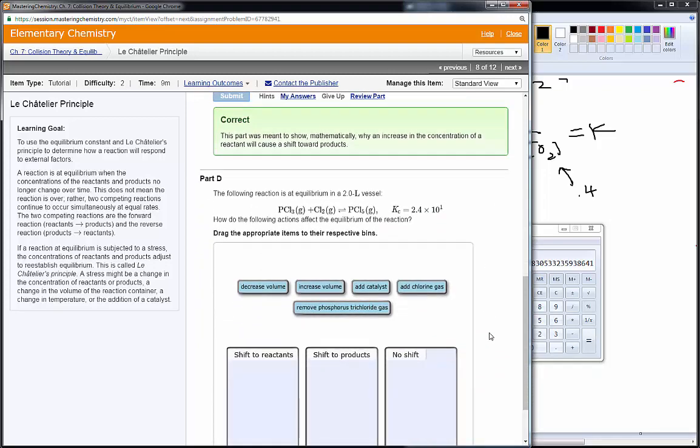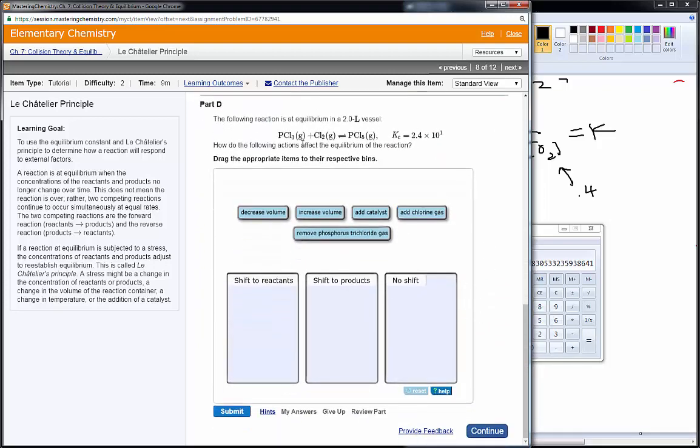All right. So here we go, looking at this with regards to Le Chatelier's principle, which says if I disrupt something that's at equilibrium, I'm going to try to reestablish that equilibrium. And what we see is if I decrease the volume, then there's less space for gases. And here I've got 1 mole of gases plus 1 mole of gases goes to form 1 mole of gases.